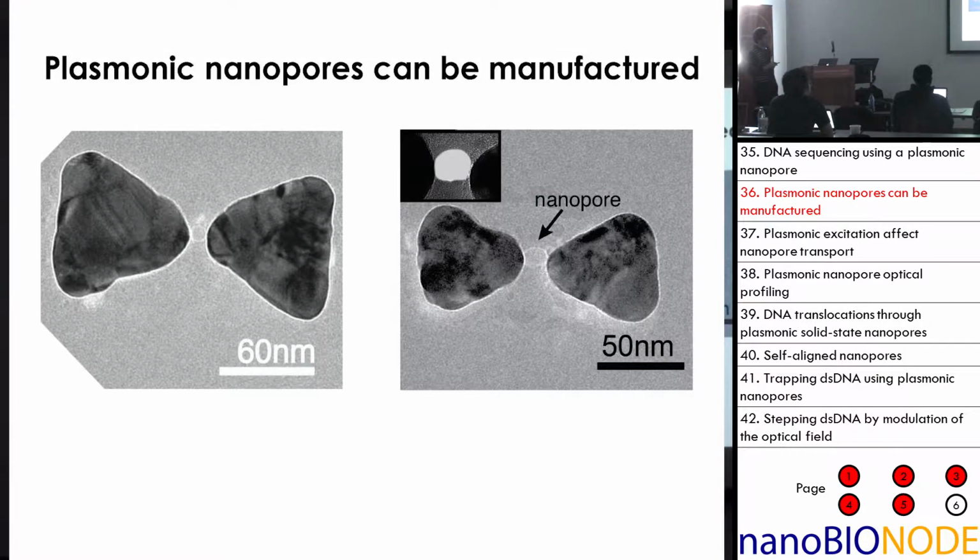This is from Dekker's lab in the Netherlands. But you realize not every person can do it, right? It requires equipment, but it can be done. So we can make more. We can make another pore. There's just one, there's more than one.